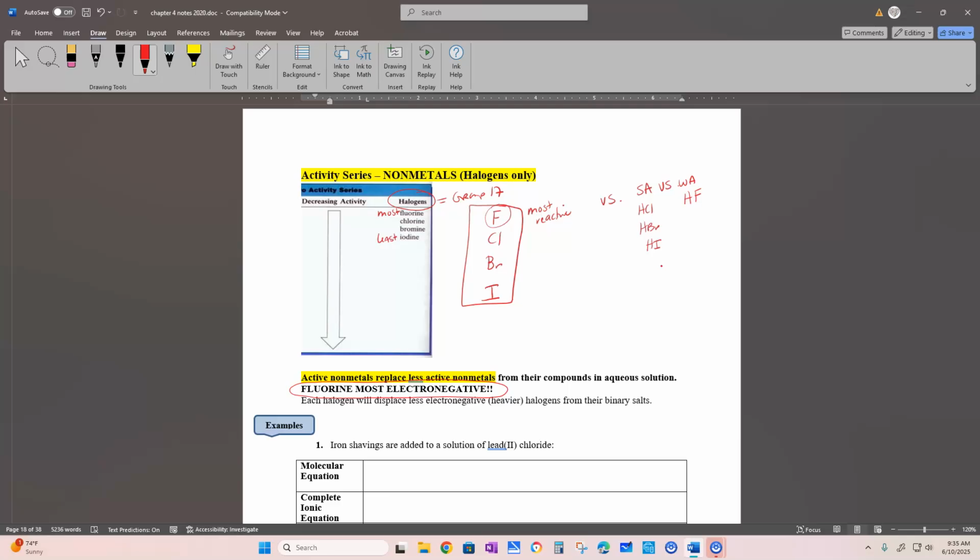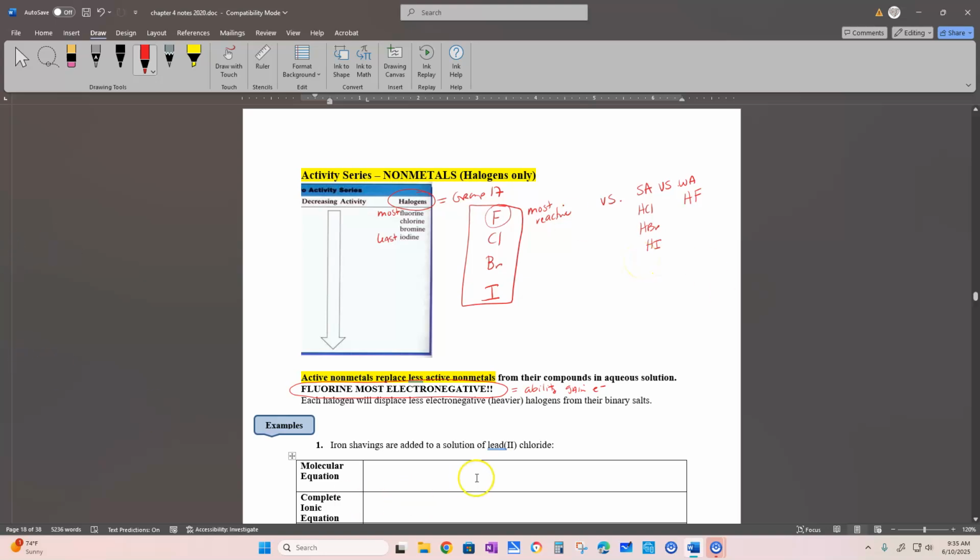It's the most electronegative. Remember, electronegativity is the ability to gain electrons. It wants to gain electrons the most in that whole group. We'll get more into electronegativity in chapters 9 and 11. Trust me, lots of that topic coming.